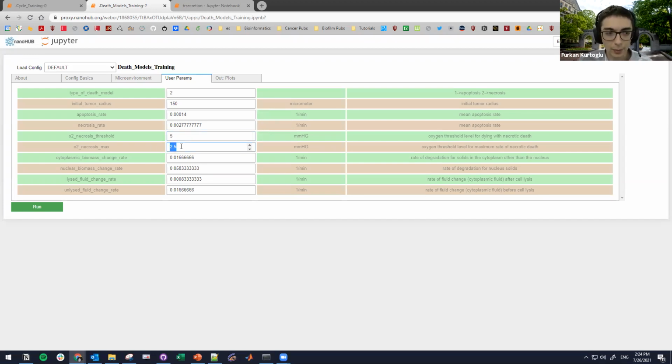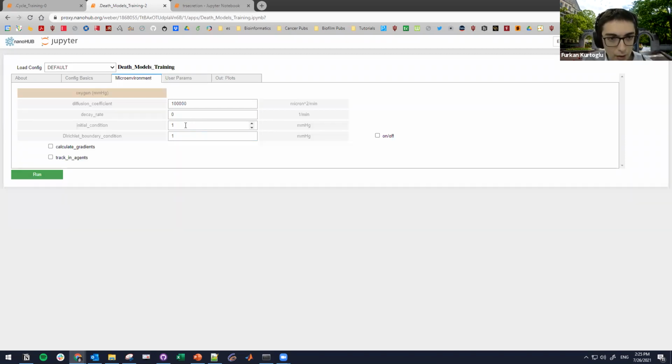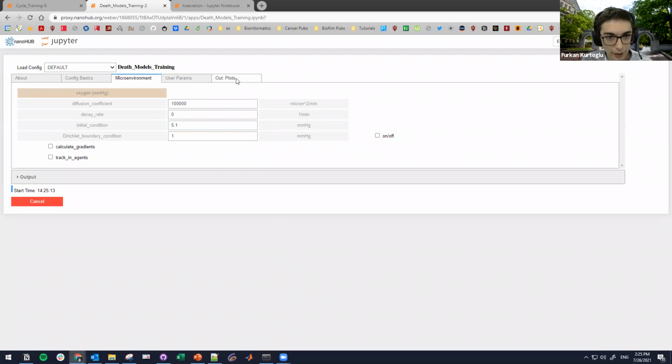But this one is the maximum value it reaches. Let's make this 5.1 to see the behavior.